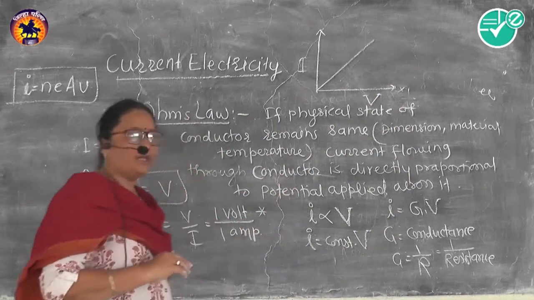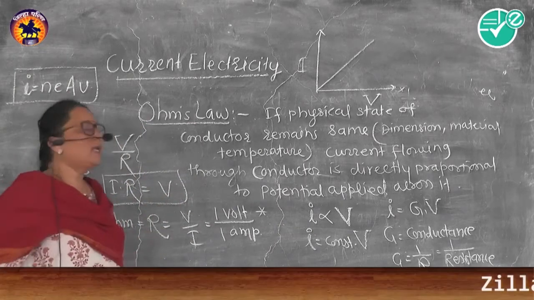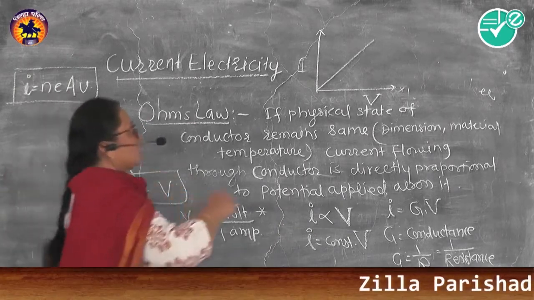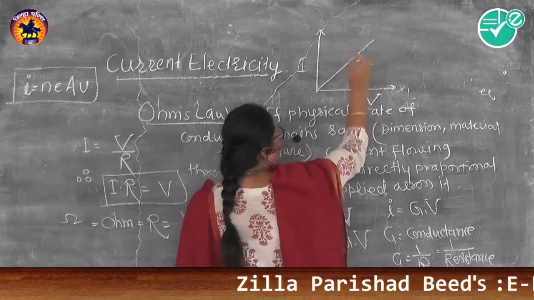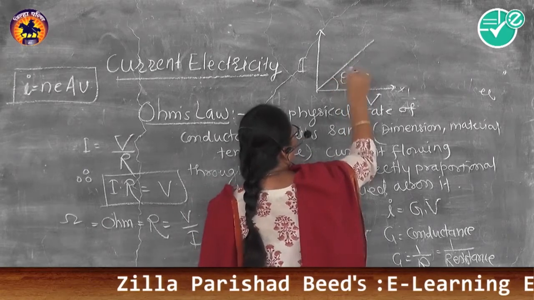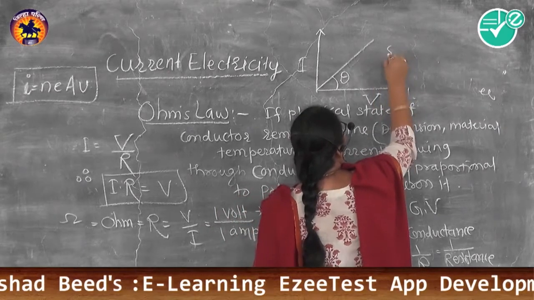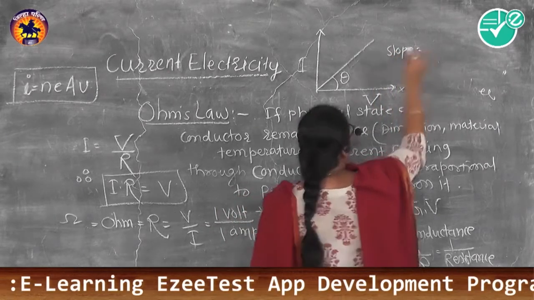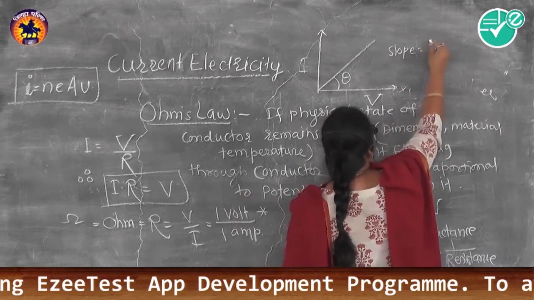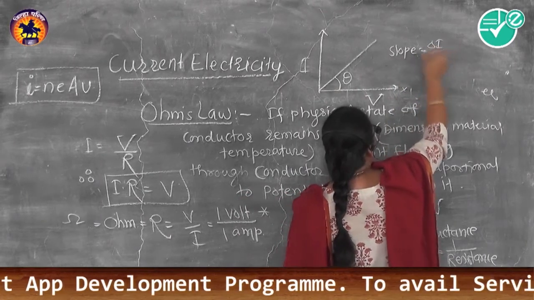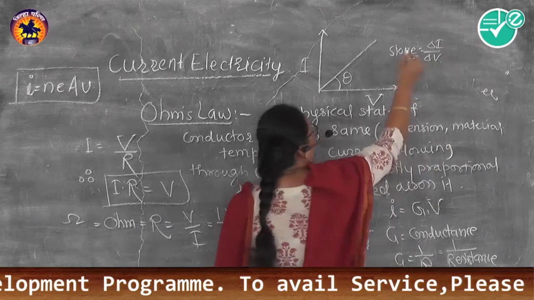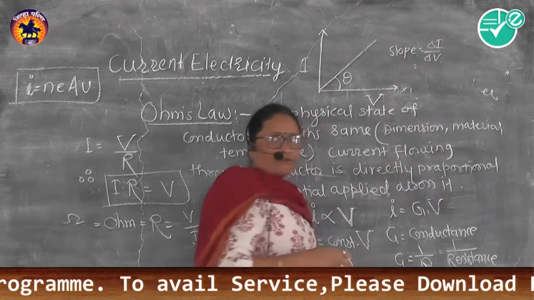As V increases, current also increases. From this graph, if suppose this is angle theta, then you can measure the slope of the graph. Slope of the graph means the ratio of delta I by delta V, and this is the reciprocal of resistance.